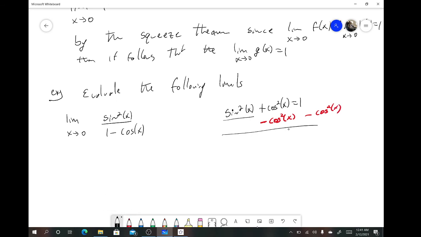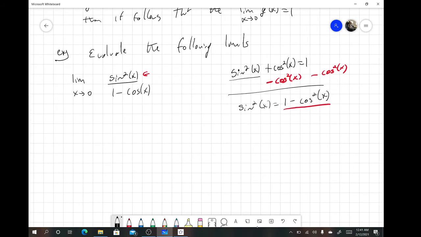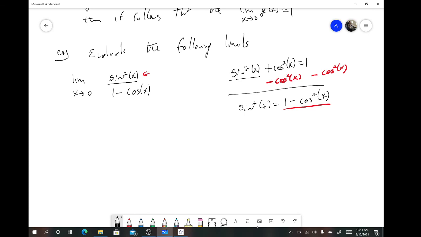So this will leave me with sine square of x being equal to 1 minus cosine square of x. And how does that help me? Well, I could now substitute this sine square of x with whatever it is equal to, with 1 minus cosine square of x. So let's actually do that.